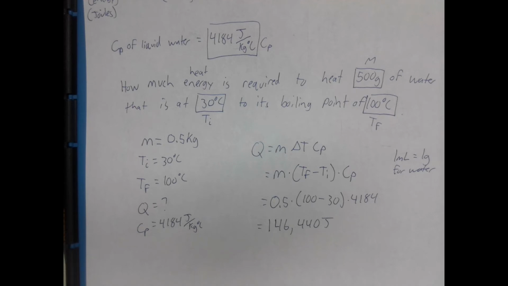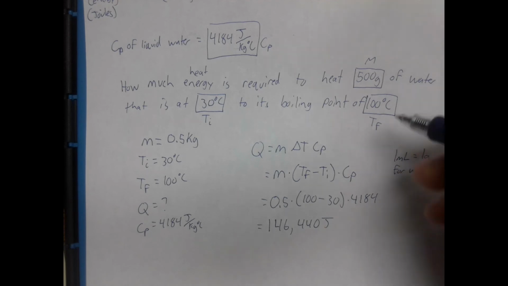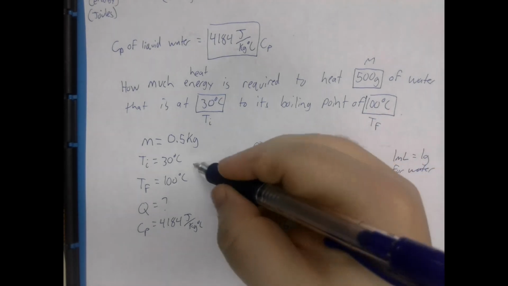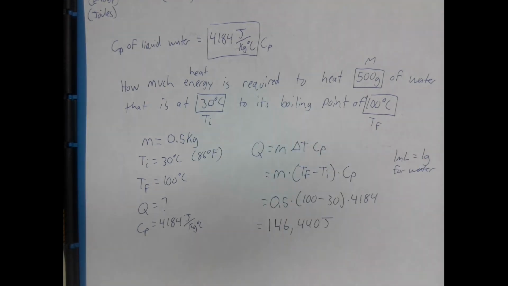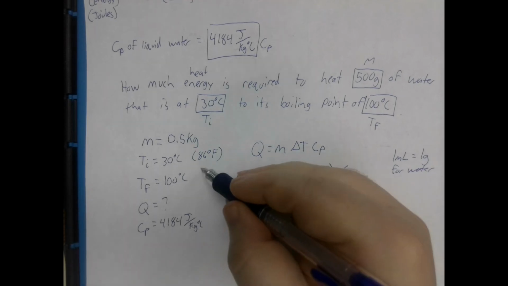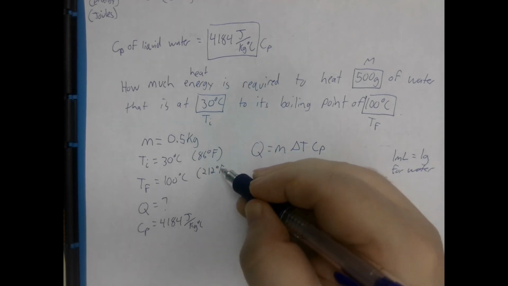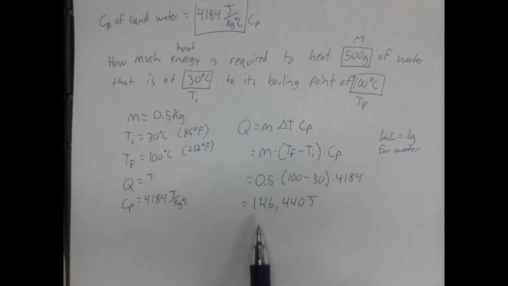Let's see, 30 C to Fahrenheit, that's 86 degrees. So if you had 86 degree Fahrenheit water and you wanted to boil it, get it to 212 degrees Fahrenheit, you would have to supply 146,000 joules of energy. That is a lot of energy.